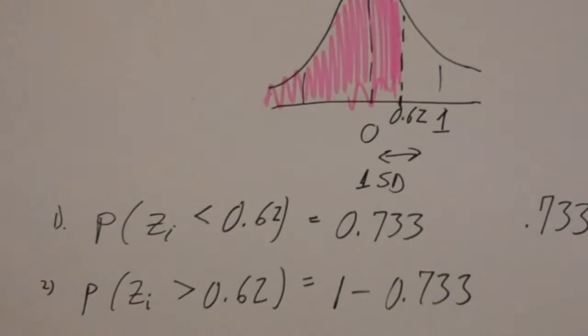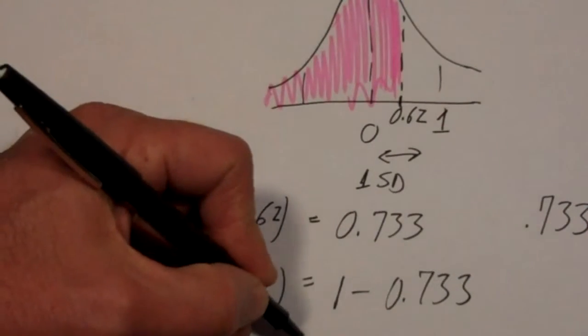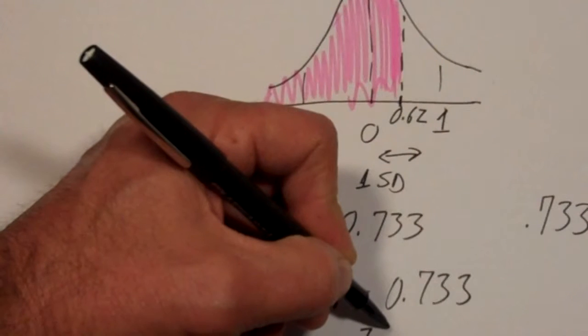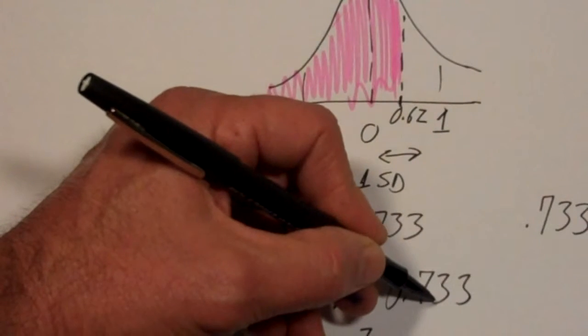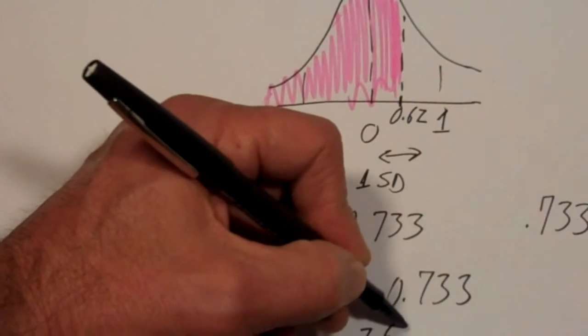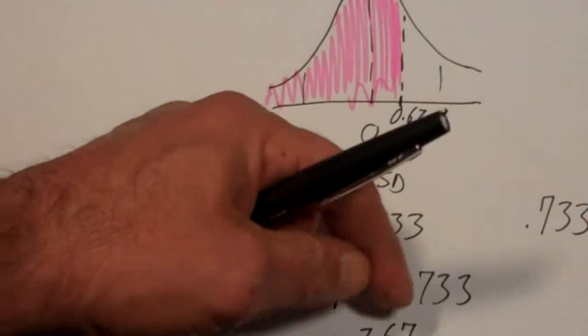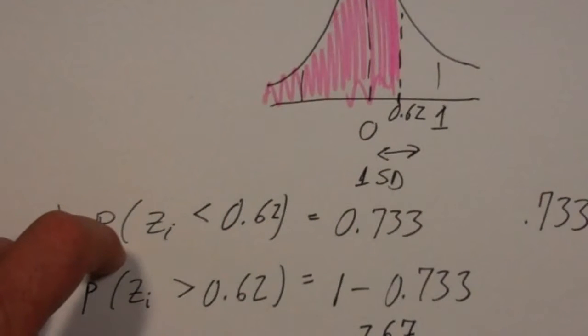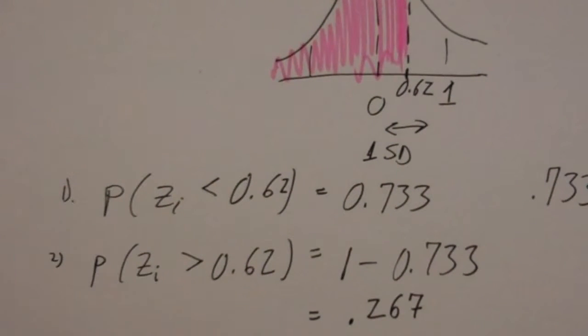If I do that with my calculator real quick, I think it's 0.267. Is that right? Yeah, 0.267. And that's how you use the standard normal table.